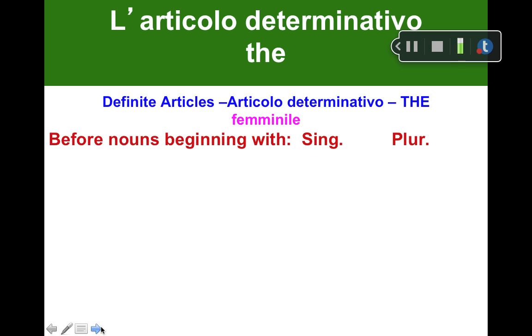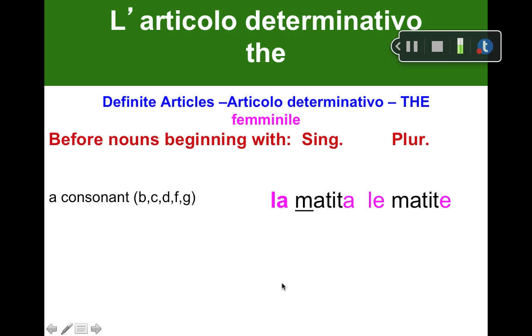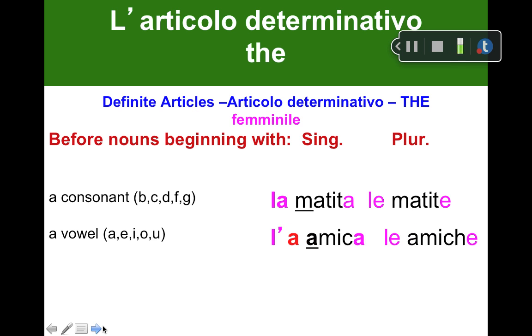The feminine is a little bit easier. We'll still have to distinguish between singular and plural. If a word starts with a consonant, the feminine singular article is la matita, and the plural is le matite. Easy. The a becomes e: la matita, le matite. If the noun starts with a vowel and it's feminine, then I have l'amica and then le amiche.